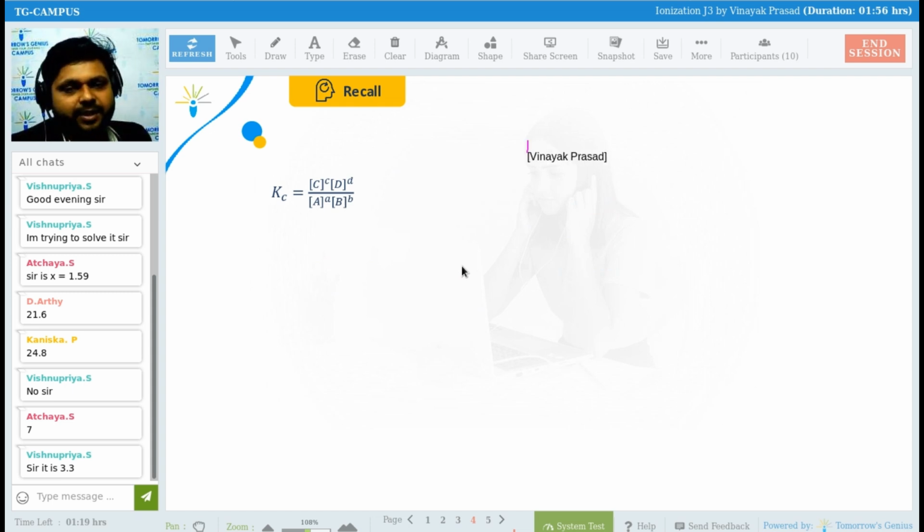Kc we have seen, right? How we find the value for Kc. We have applied this formula and got the value for Kc and the concentrations as well. Now, what is the formula?